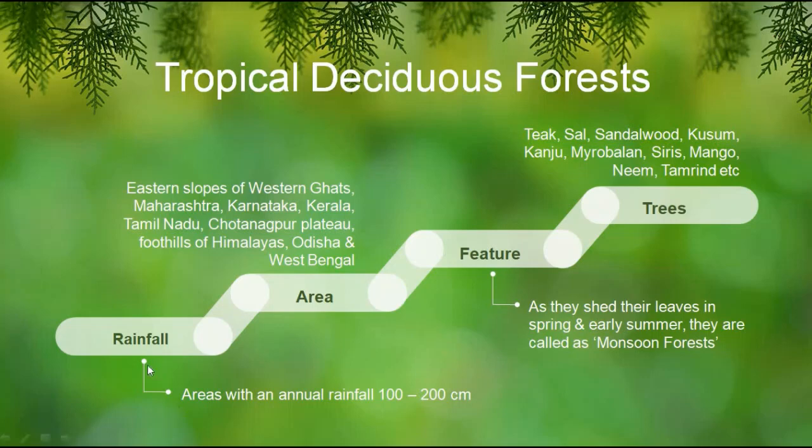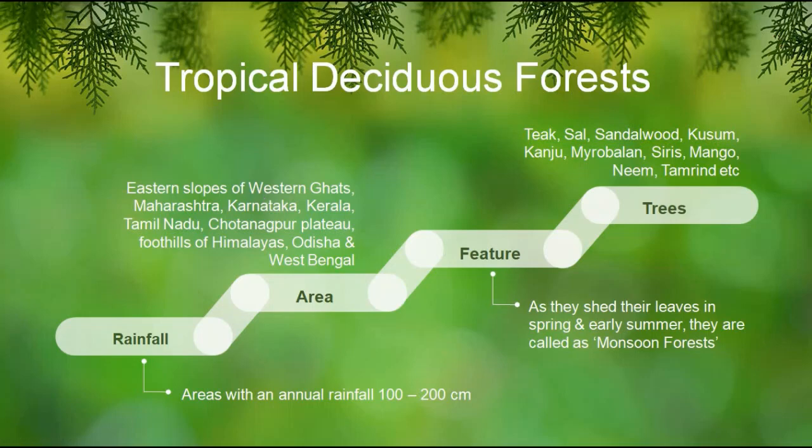And here, again, RAFT: rainfall, area, features, trees. Rainfall: areas with annual rainfall of 100 to 200 centimeters. In that area, we can see this deciduous forest. In which area? Eastern slopes of Western Ghats. On the western side there is evergreen forest because rainfall is more.